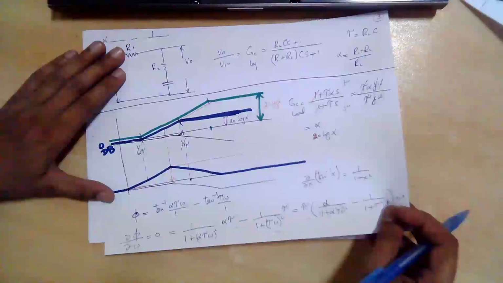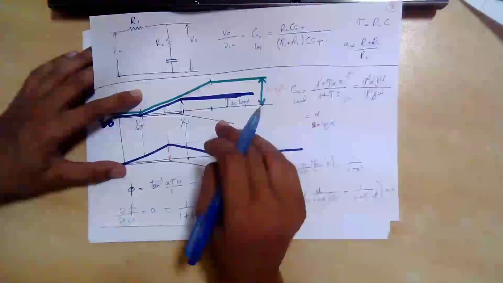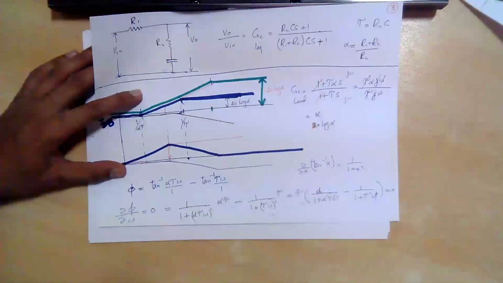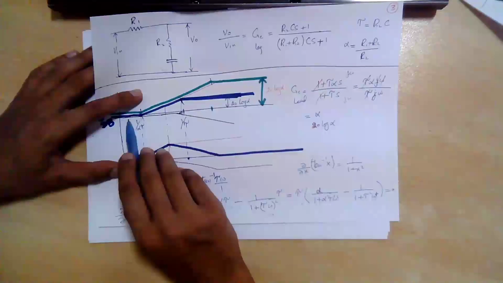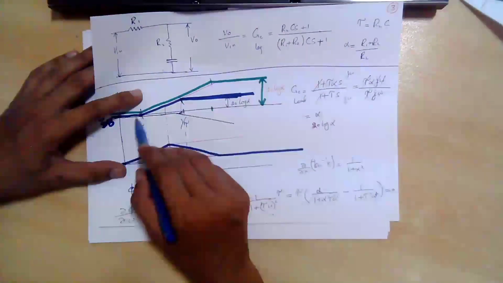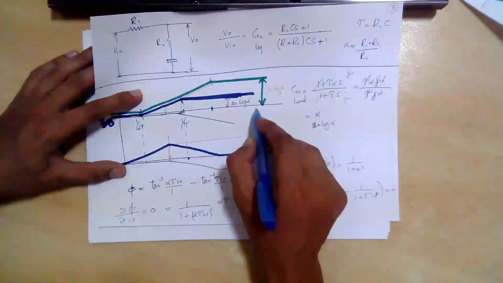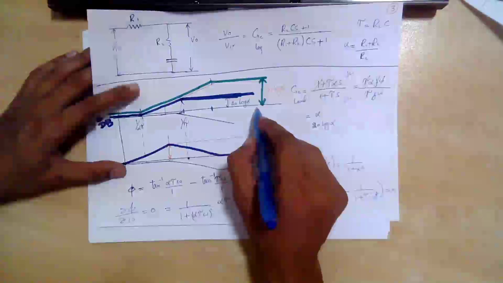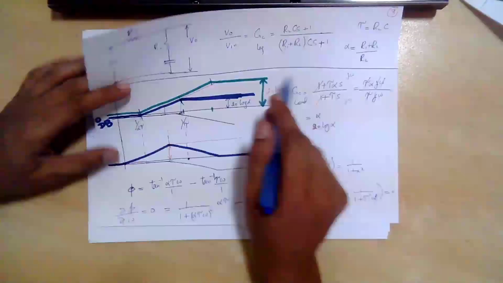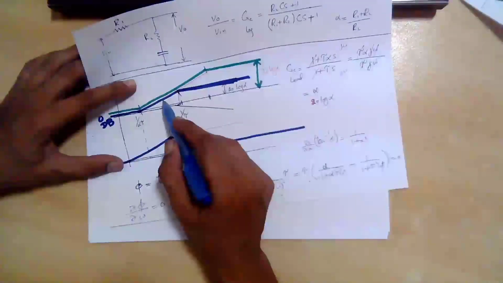So the center of this will be, remember, this graph is straight lines when this horizontal scale is log scale. So then this becomes straight lines. So this is the arithmetic mean on the log scale.